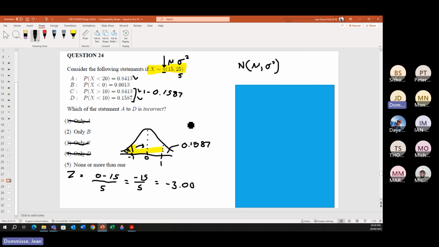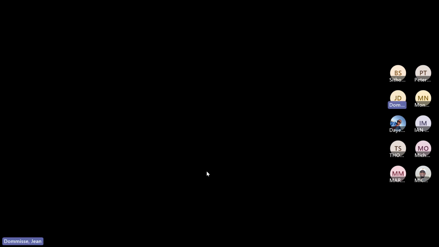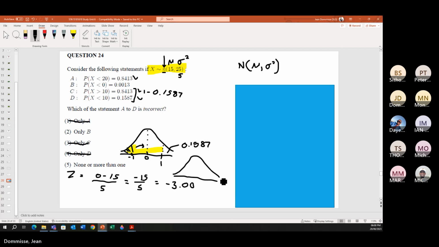Okay, so this time we're looking for x that is smaller than minus 3. Sure. Okay, so it becomes very small on that side. So that might even be correct.